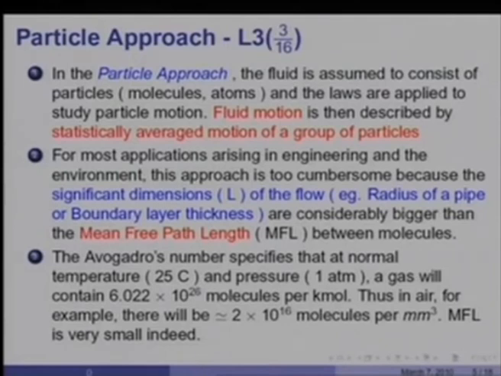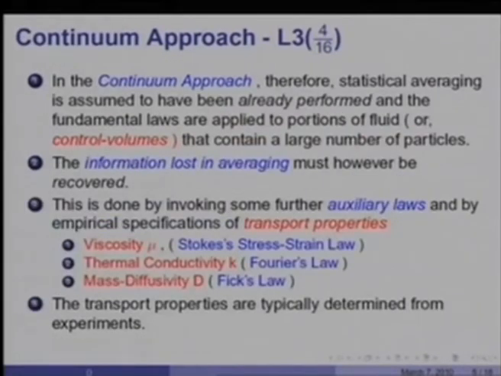You can very well imagine, therefore, that the mean free path length between molecules must be very small, and there will be simply far too many molecules to track even in a simple case of a flow in a 1 centimeter diameter pipe. The continuum approach was devised essentially to overcome this difficulty.